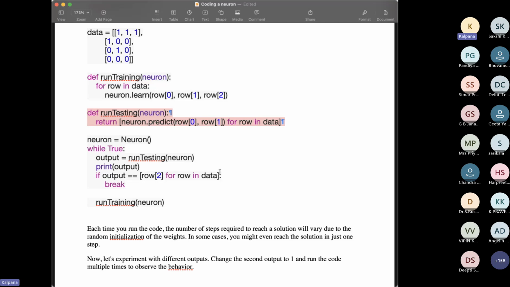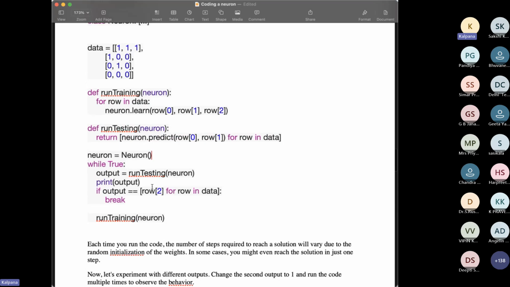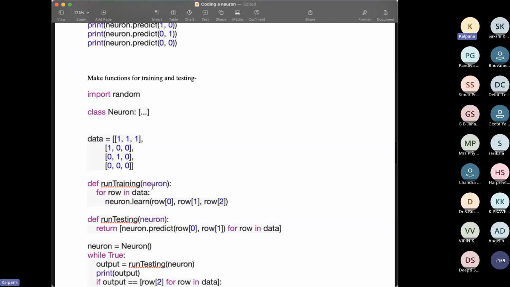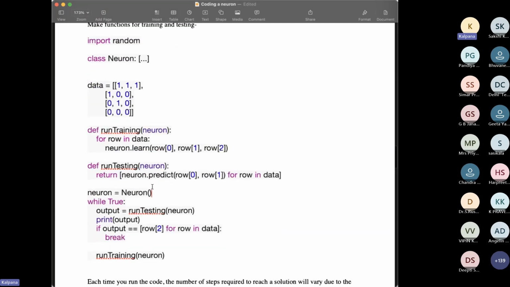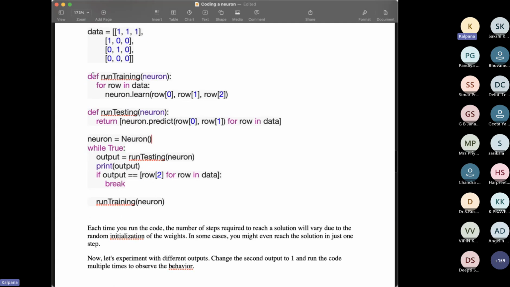So every time you run this code, the number of steps required, that means the number of times this while loop will work, will differ, because initially the random values that you pick for assigning the weights are different, and therefore the number of times this code will run to achieve the optimal weights will vary, right?